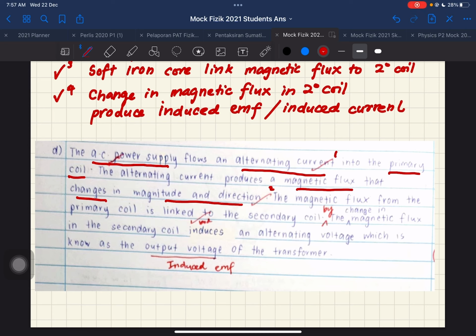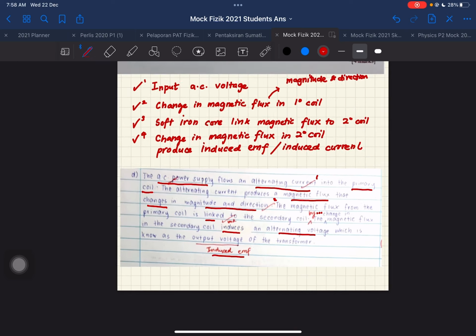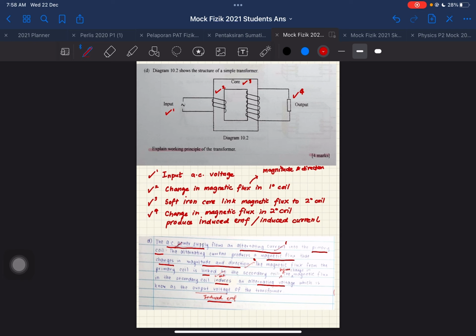The magnetic flux from the primary coil is linked to the secondary coil by soft iron core. Here I don't give a mark. And then the change in the magnetic flux in the secondary coil induced alternating current voltage. Here cikgu gives a mark, because alternating means induced EMF.